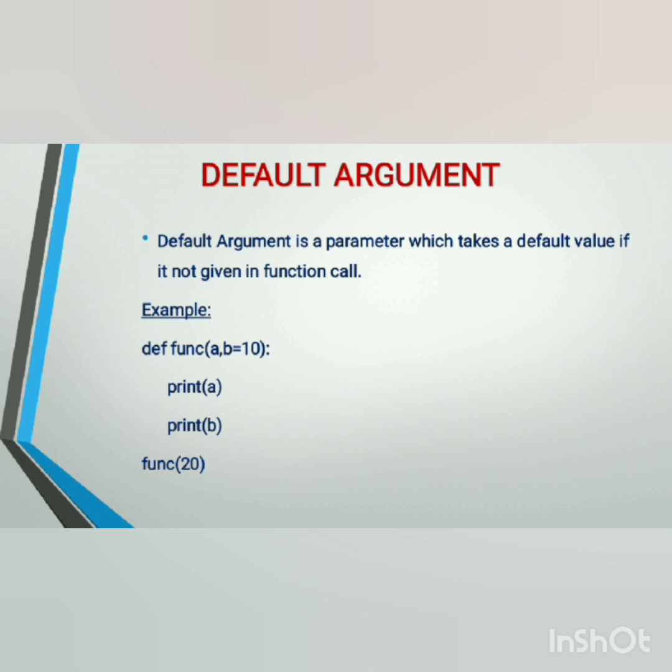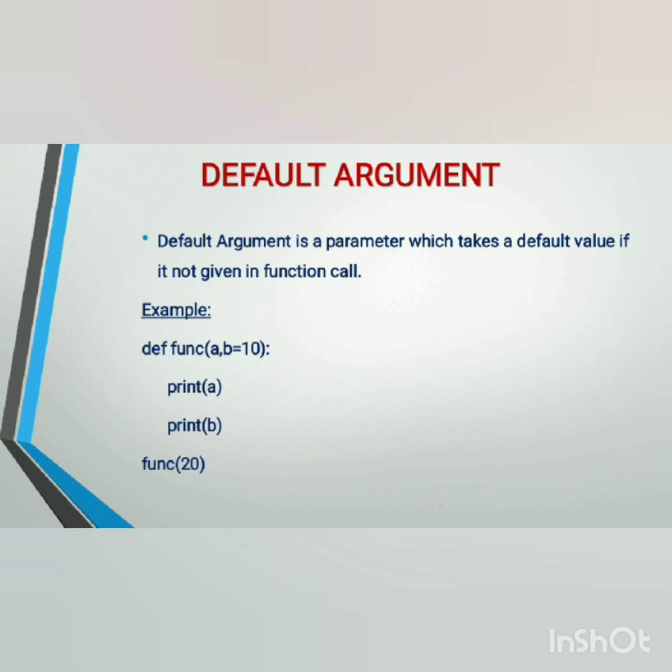Here I have used 2 parameters. What is the first parameter? a. What is the second parameter? b. For the first parameter I am not assigning any value. For the second parameter I have assigned the value 10. At the end I have given a colon. Within this function definition, I have printed the a value and b value. This is your function definition.